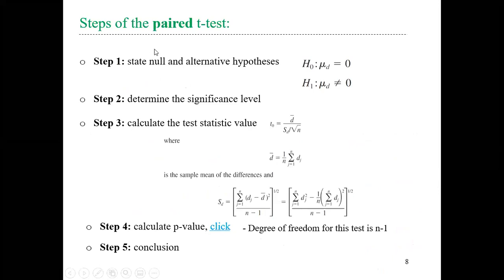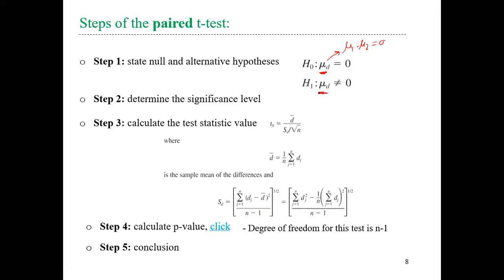What are the 5 steps for the test statistic? The first step is H0 and H1. I care about mu d. H0: the average of the differences is 0, or HA: the average of the differences is not 0. If the average of the difference is zero, this means mu1 minus mu2 is 0, which is equivalent to the two types being the same.